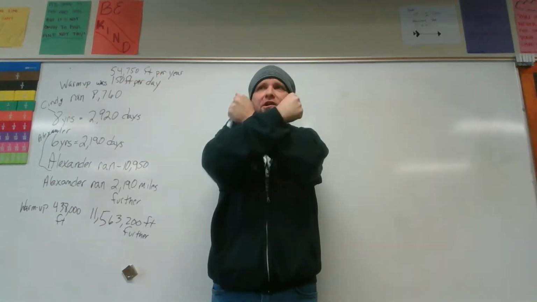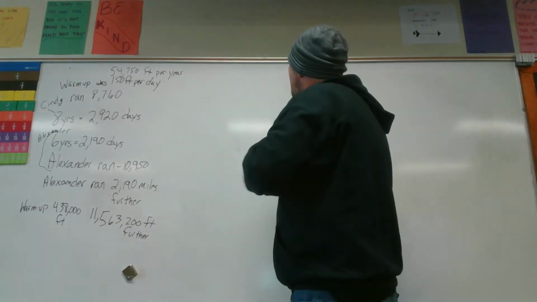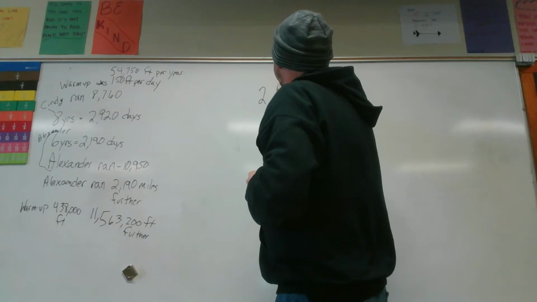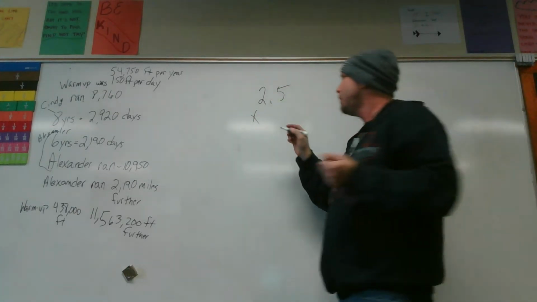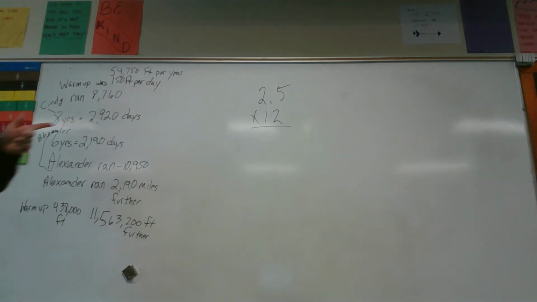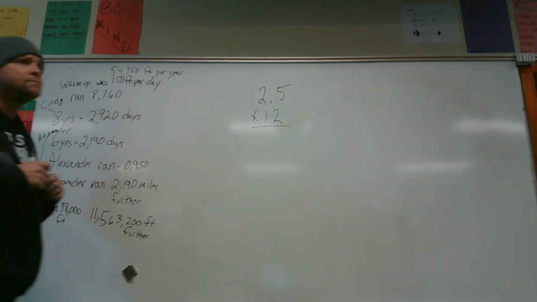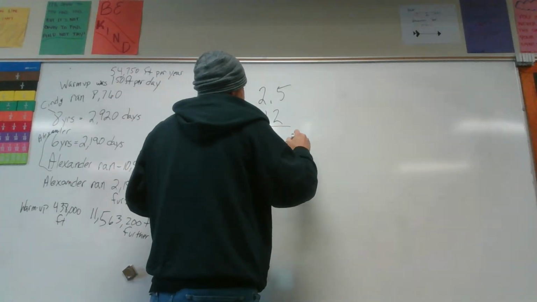Feet are bigger than inches, so that's going to be a multiply. How many inches are in 1 foot? 12. And Riley, what does that equal? 30. Say again? 30 feet? Or 30 inches? Inches.